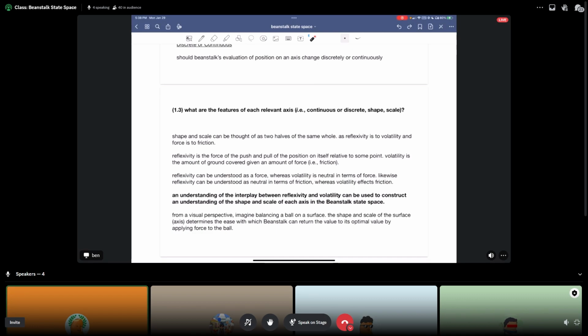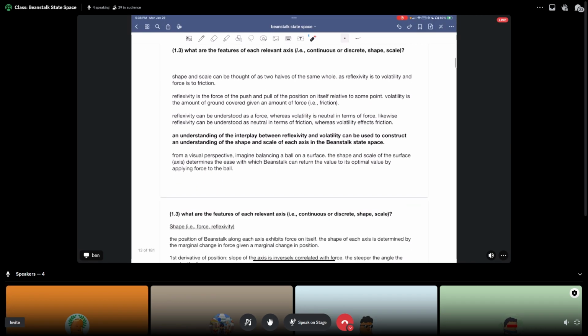So the force is represented by the shape, and the distance covered is represented by the scale. And then Beanstalk's task is to come in and apply the right force to counteract or to support Beanstalk's momentum given its position in space.